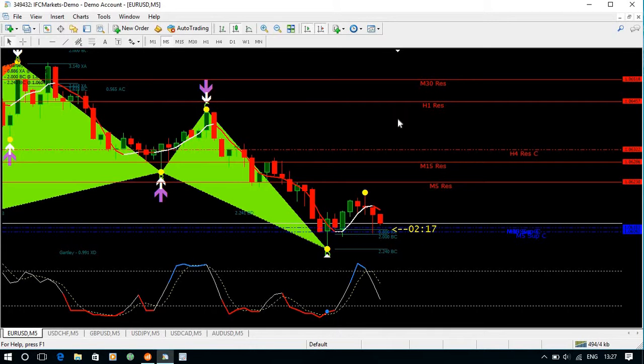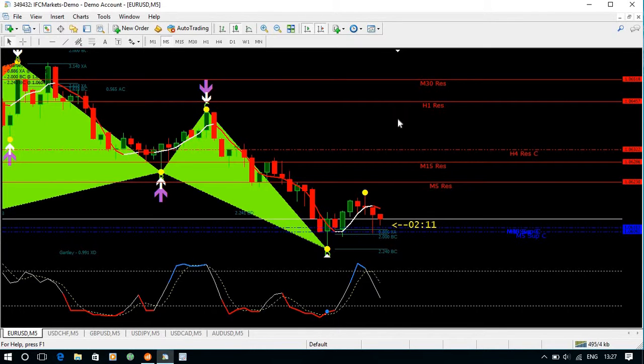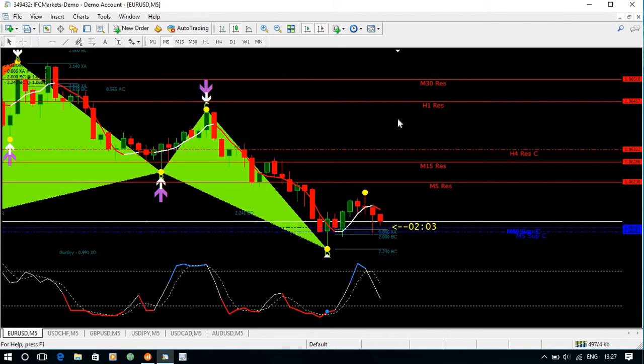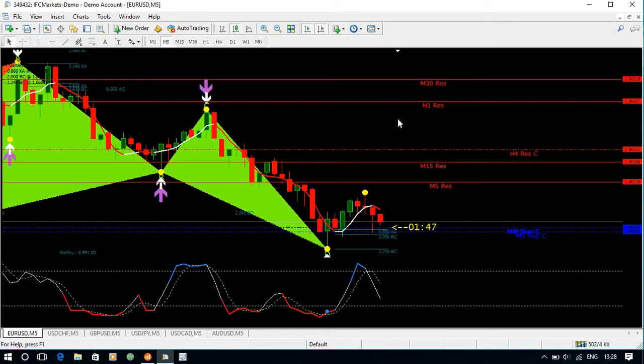Go on Google, get yourself a pen and paper, write these patterns down, and then you can see for yourself on a blank chart, just a bare chart, no signals or indicators on top of it. You're just trading naked then, and you can see for yourself these patterns emerging throughout the days, months, years. So it's a good bit of knowledge to have for when you're doing it in the future on your own.